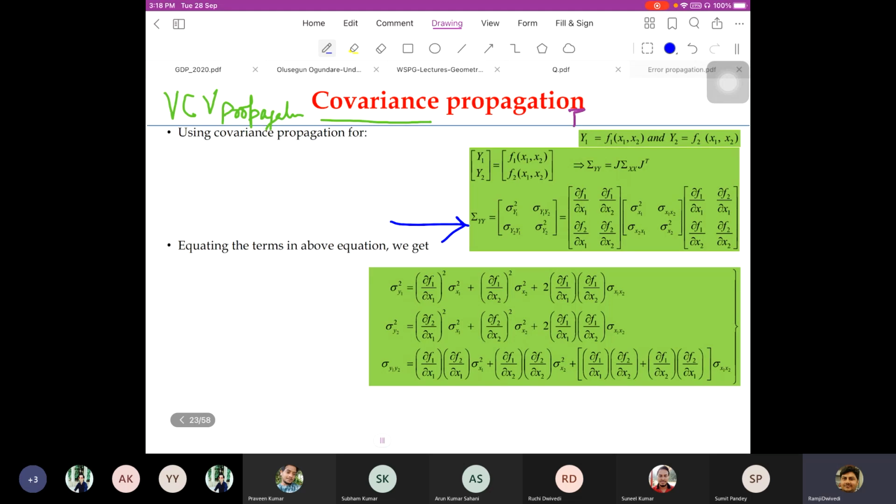I hope you get it. There is one first component, which is this sigma y1 square. This is the second component, sigma y2 square, and obviously the other non-diagonal elements are the covariances.